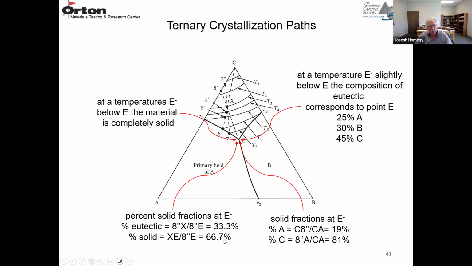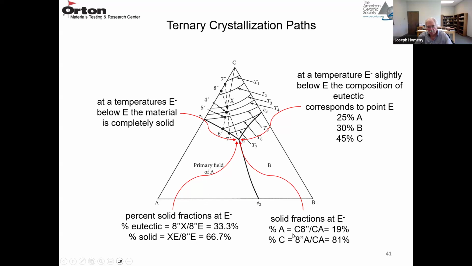And then the solid that crystallizes out, that's A and C, is XE over E, 8 double prime, or about 66%.